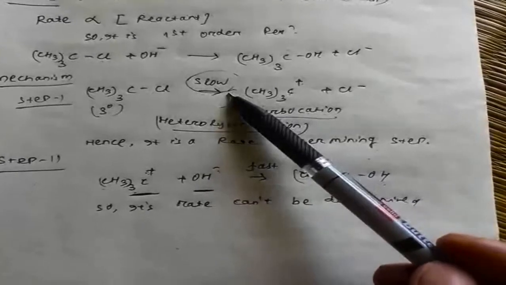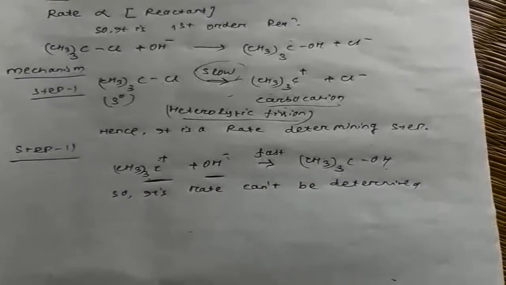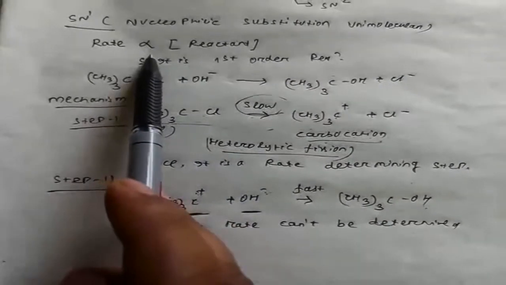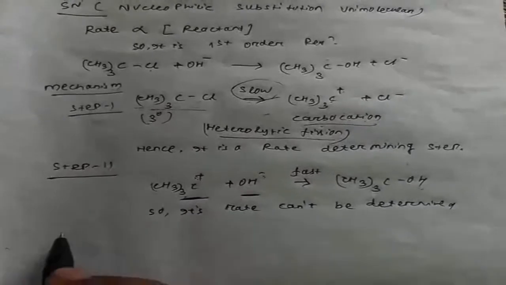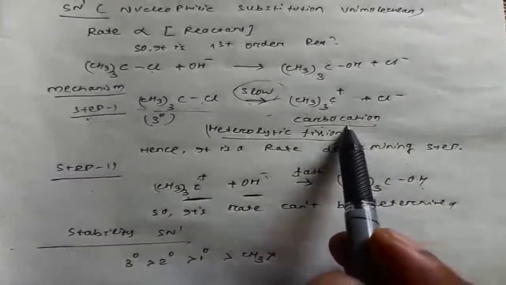The first step is a slow step, so it is the rate determining step. In the second step, opposite charges are attracted, so the rate cannot be determined. So the rate depends only on the reactant, hence the rate depends on the concentration of the reactant. Hence, it is a first order reaction. The reactivity order for SN1 reaction is 3 degree, then 2 degree, then 1 degree alkyl halide, because in step 1 a carbocation intermediate is formed.